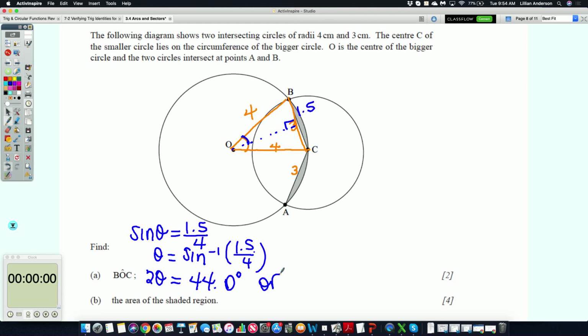Do the same thing, just in radian mode. Double it? Oh, it's 0.769 as a radian.